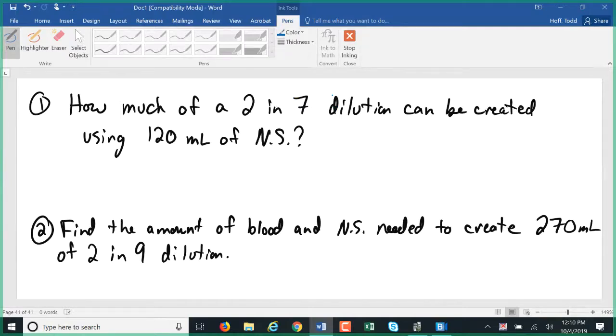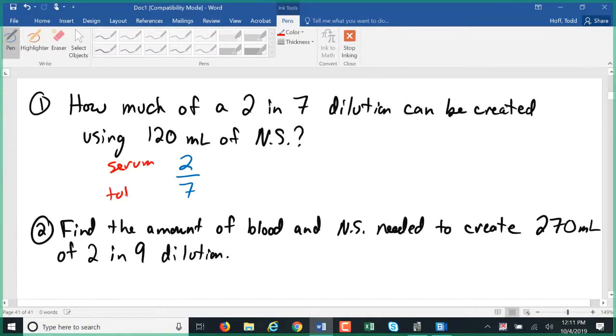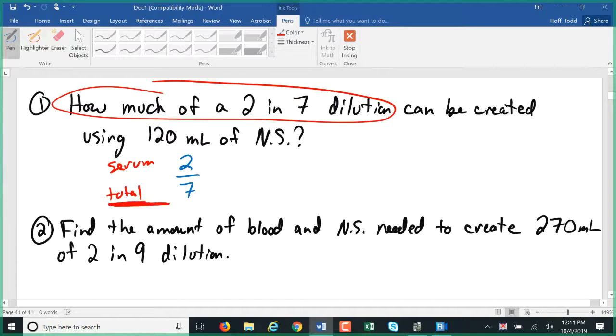So for number 1, we have a 2-in-7 dilution. Remembering that the 2 represents the serum, 7 represents the total solution. We want to know how much of a 2-in-7 dilution can be created. That is the total solution. But we're using 120 milliliters of saline. So what we want is the ratio of saline to total solution. What's that ratio going to be? 5 to 7.